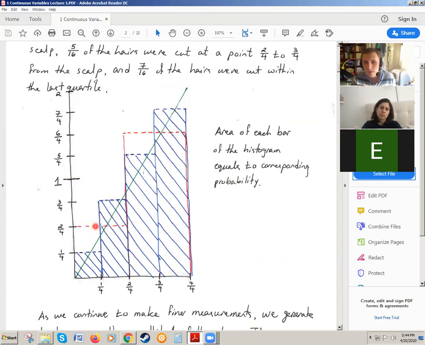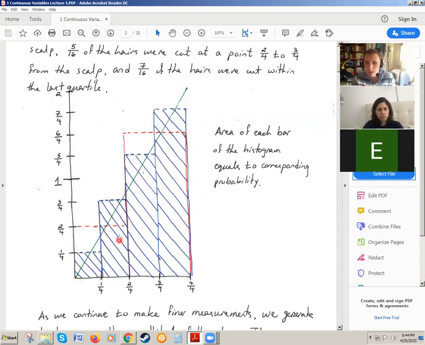That's my previous estimate, and the blue bars now represent the more accurate distribution of cuts. So between 0 and 1/4, the probability was 1/16. The probability the hair is cut somewhere in here is the area of this rectangle, which is 1/4 times 1/4. And the area of the hair being cut between 1/4 and 1/2 happens to be 1/4 multiplied by 3/4, or 3/16, and so on.